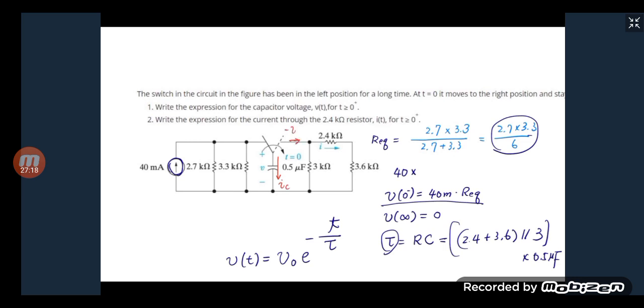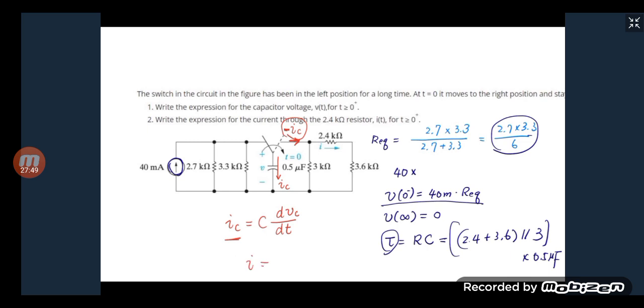You can see here it's minus IC. We see that IC is equal to C times the time derivative of VC. So here you can find IC. So the direction here is the opposite. You can use minus IC and you can use current division.